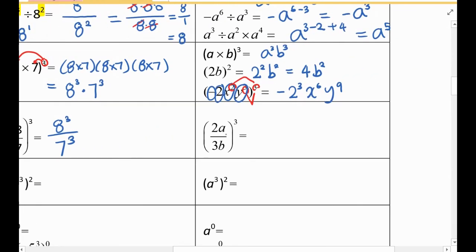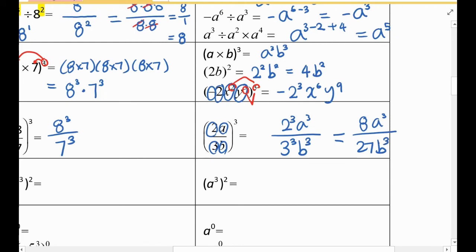Alright, this one, you have to count the items you have. Here, 2 cubed, a cubed, you can just expand 3 inside the bracket to every single item. Like this. Then 8, a cubed, 27, b cubed.